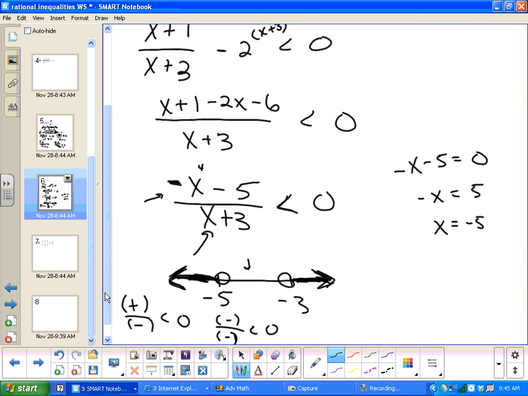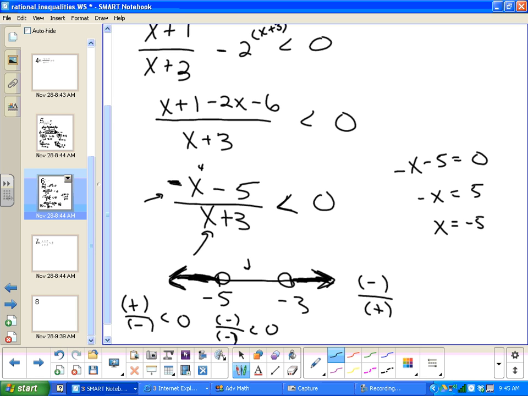Now let me just show you. If you plugged in 0, you'd get a negative in the numerator, right? You get 0 minus 5. And then 0 plus 3 would be a positive.